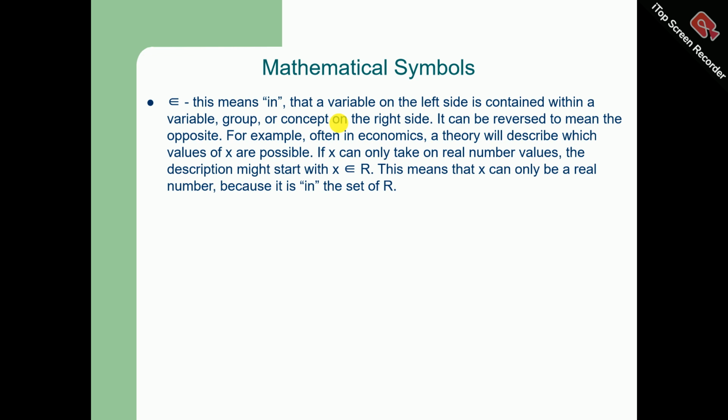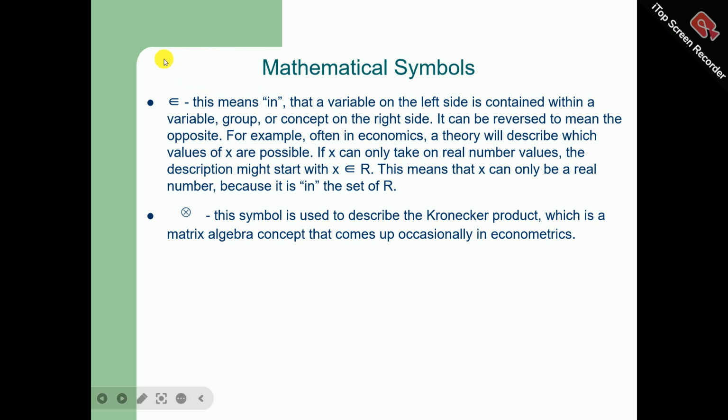If x can take on all real number values, the description might start with x belongs to R or x is contained in R, where R is the real number set. This means that x can only be a real number because it is in the set of real numbers, capital R. This symbol is used to describe the Kronecker product, which is a matrix algebra concept which comes up occasionally in econometrics.